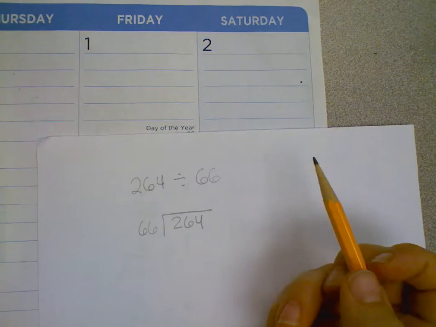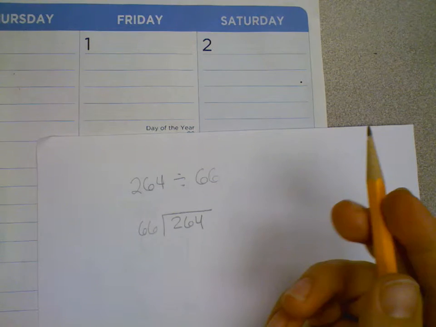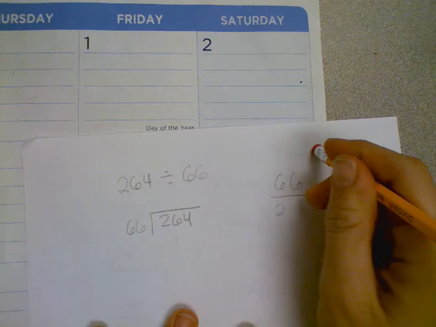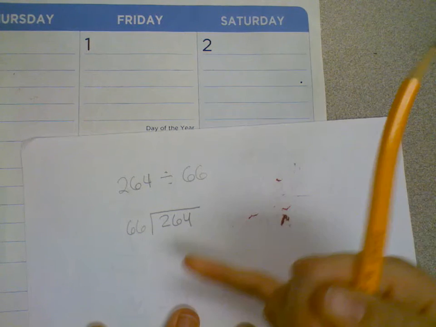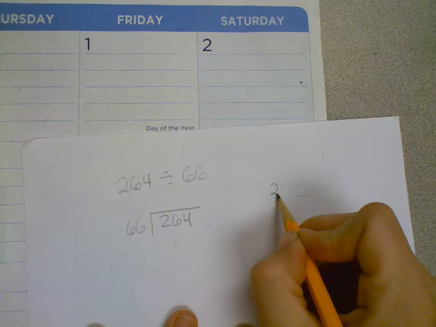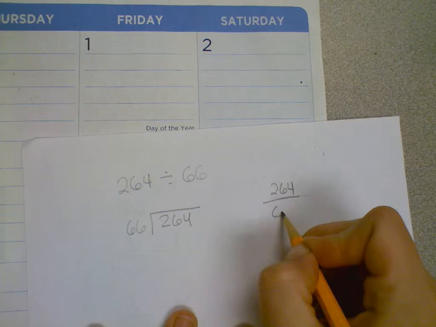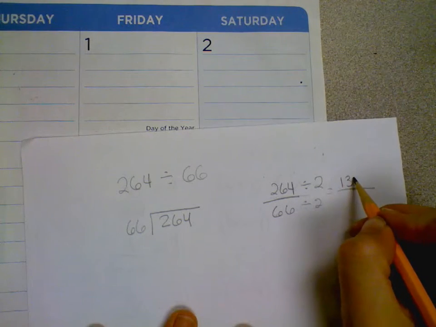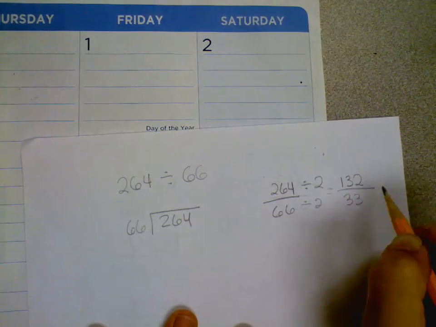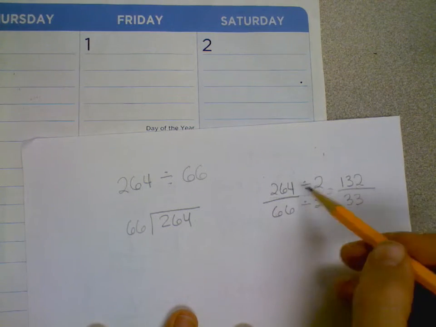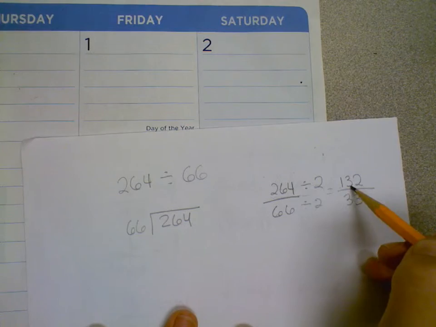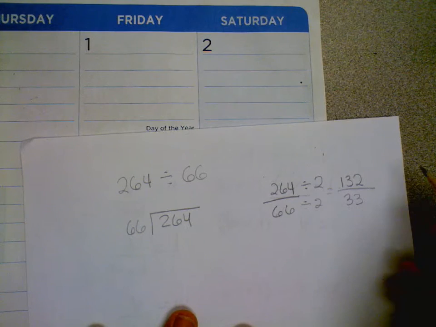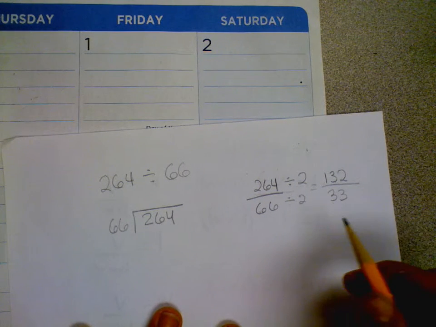We're in the same boat here as we were before. You can look at it in two ways. You can look at it as a fraction. Oops, I wrote it the wrong way. Make sure the first number always goes on the top of the fraction, in the numerator. 264 over 66. You can always divide by 2 to get smaller numbers to work with. I also chose 2 because I can do that mentally. 2 divided by 2 is 1, 6 divided by 2 is 3, 4 divided by 2 is 2. 6 divided by 2 is 3, 6 divided by 2 is 3, and it comes out nice and even. So you can solve that here.